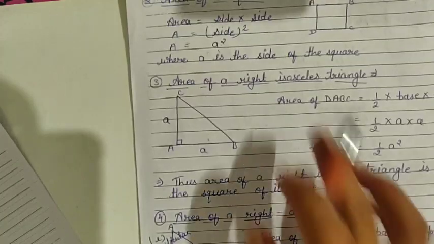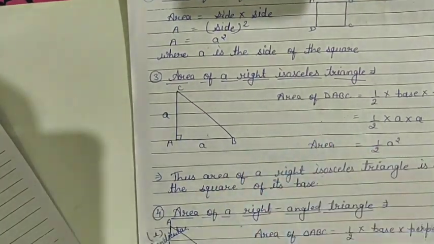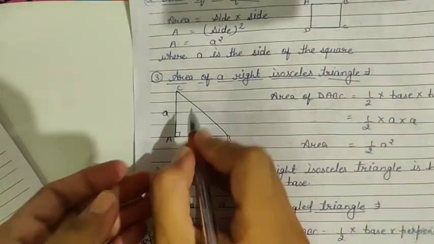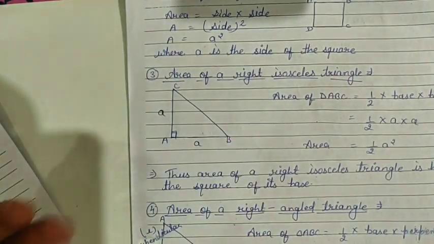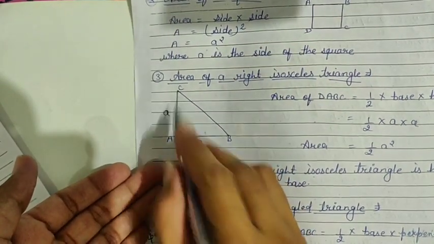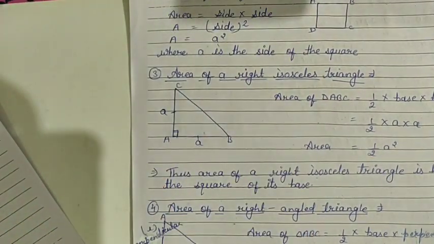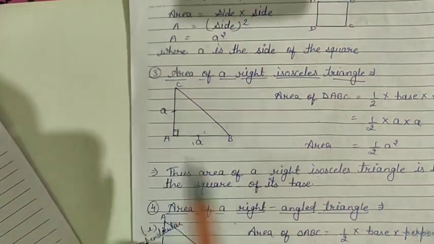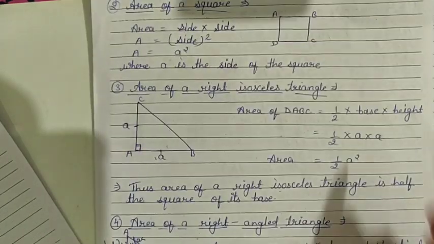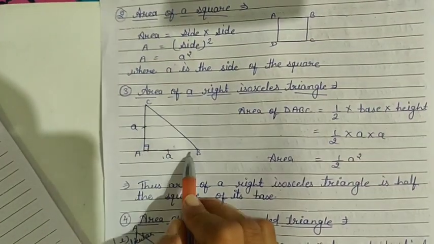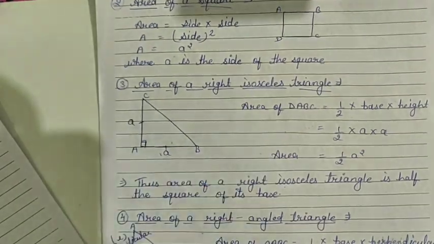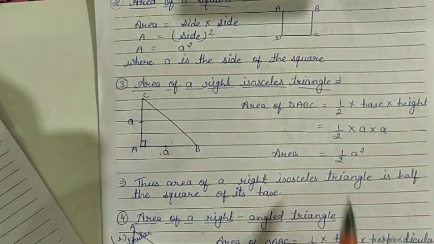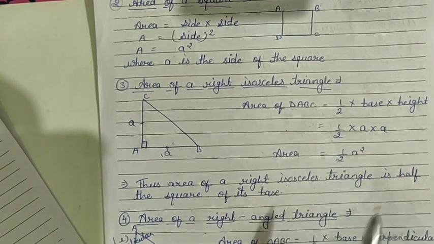Now area of a right isosceles triangle. Students, this is a right angled isosceles triangle. It means this is right angled at vertex A, and these two sides AC and AB are equal in length, each of length A. So area of triangle ABC is equal to 1 by 2 into base into height, and here base is AB and height is A. So area of this triangle ABC is equal to 1 by 2 into A into A. Area is equal to 1 by 2 into A squared.